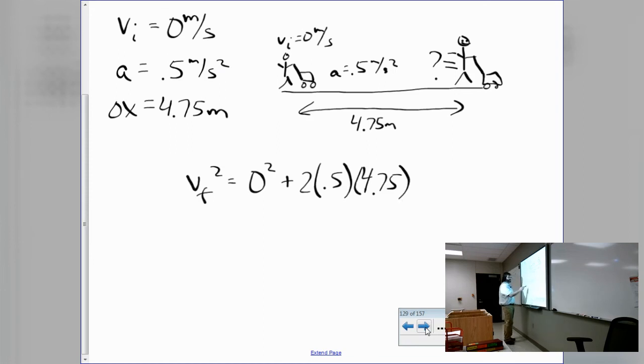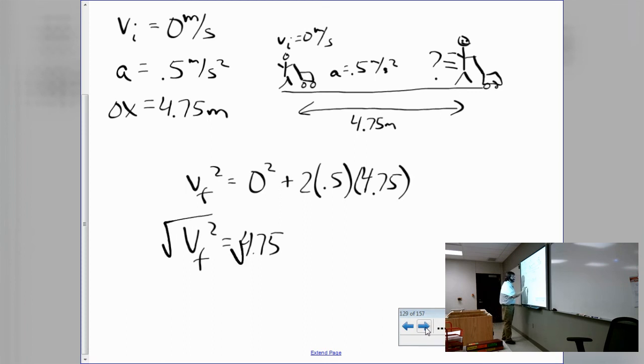So 2 times 0.5 is 1. And then 1 times 4.75 is 4.75. So our velocity final squared is 4.75.